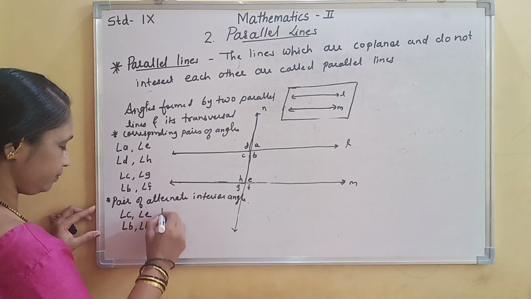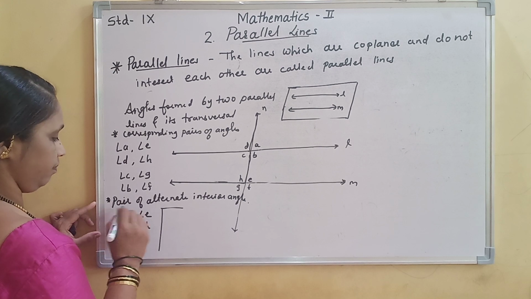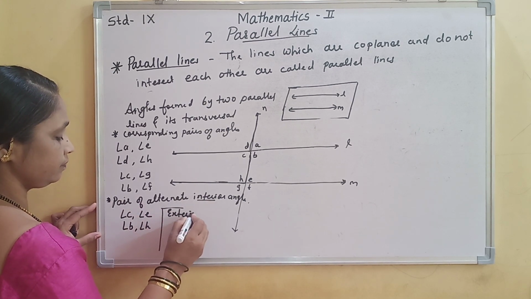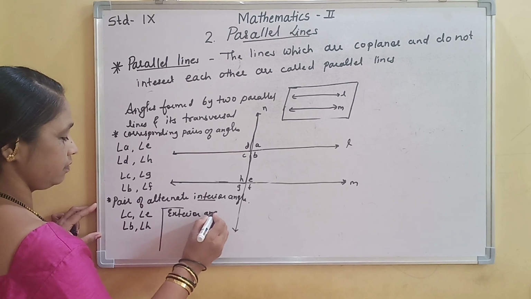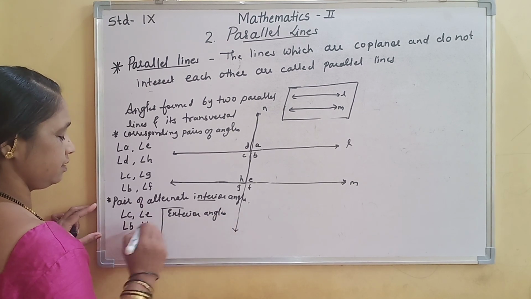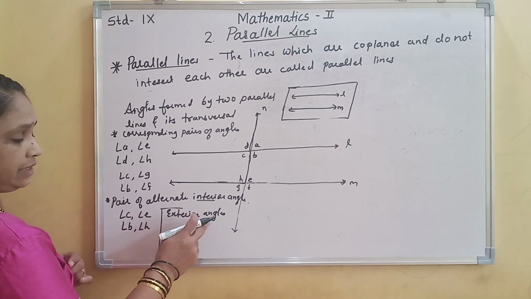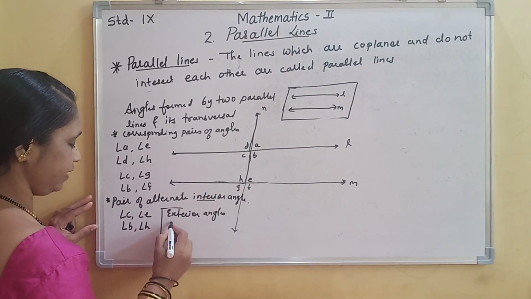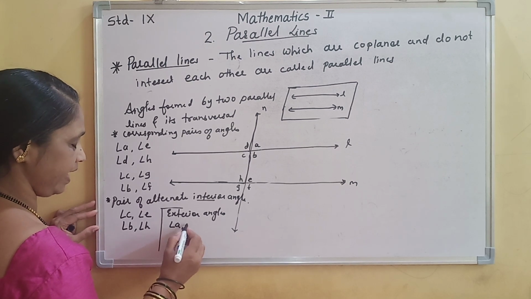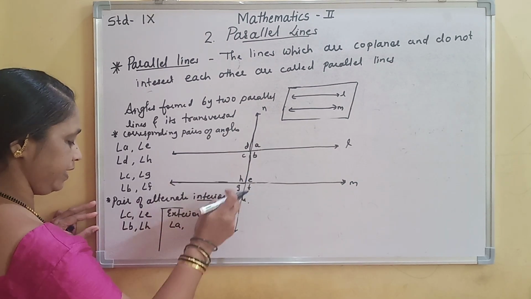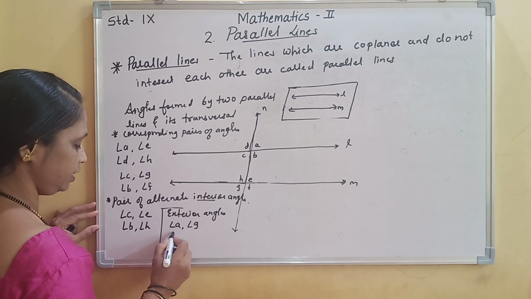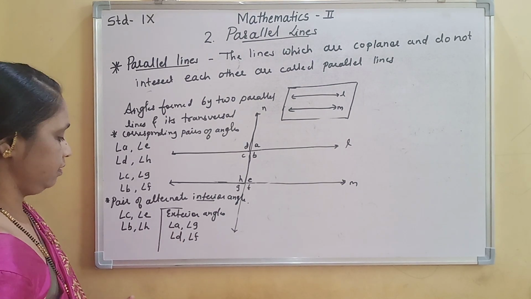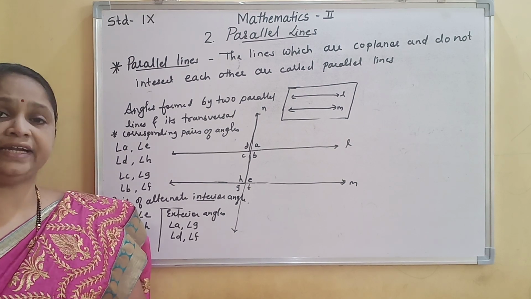This is interior. Now exterior angles, alternate exterior angles: angle A and angle G, angle D and angle F. They are alternate exterior angles.